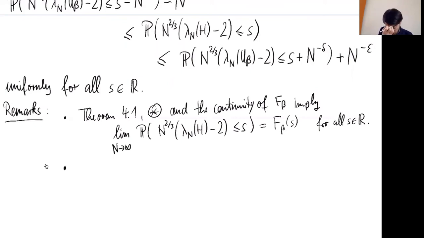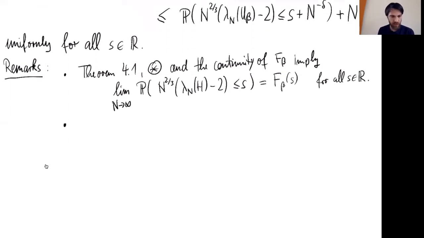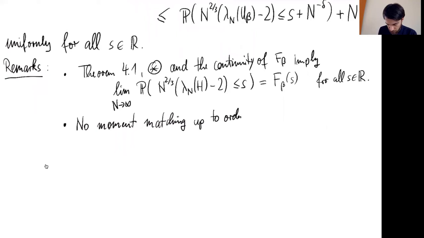Okay, so that's the first remark. Then if you compare it with the corresponding result in the bulk, so in the bulk we, for example, looked at the k-point correlation functions, then the surprising thing here is that you don't need any moment matching up to order 4. And in some sense that has 2 reasons, namely because our proof will be in some sense a bit different from the proof in the bulk.